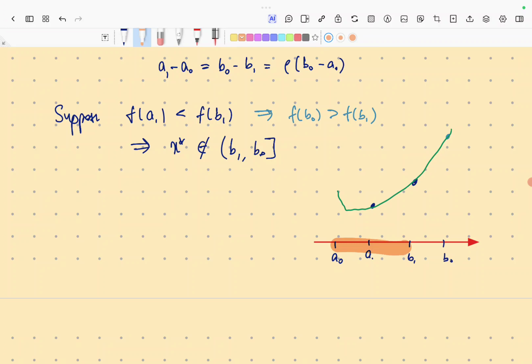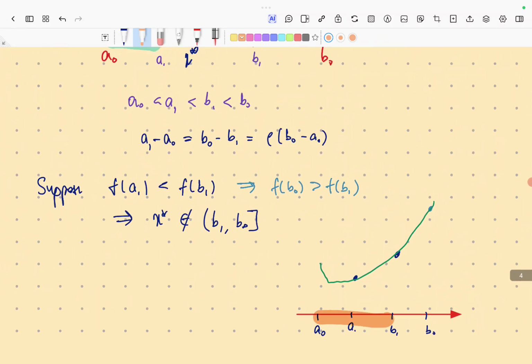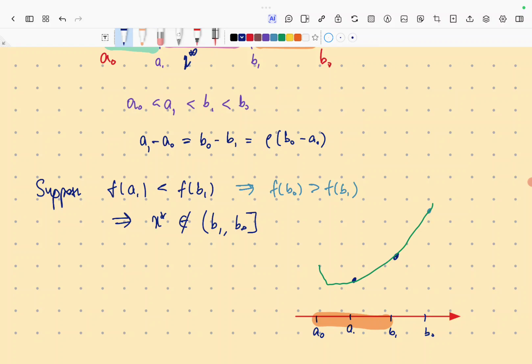Iteratively I keep reducing my search space in this manner, and I end up with something that is close to the minimum. I know that at each stage I'm reducing the interval size by some amount. What is the amount that I'm reducing it by? What is the size of the interval? It is B1 minus A0, in this case.